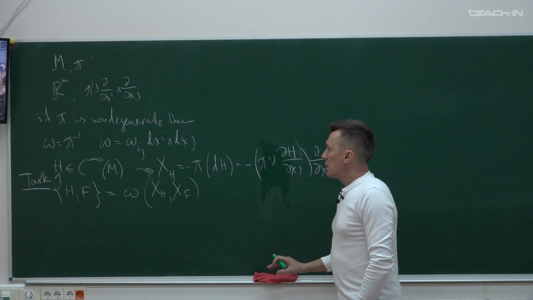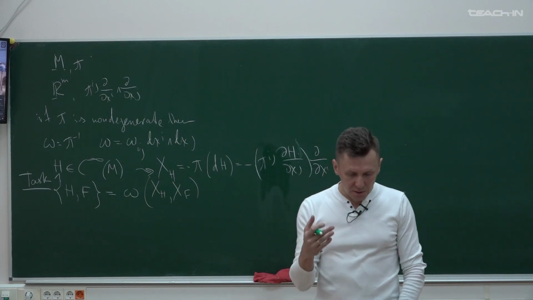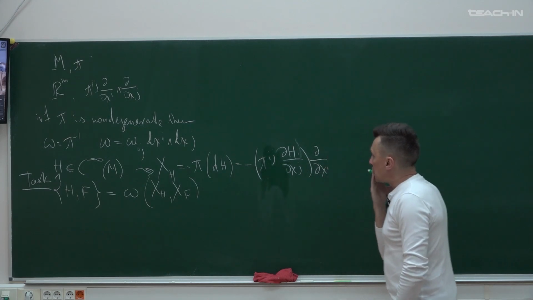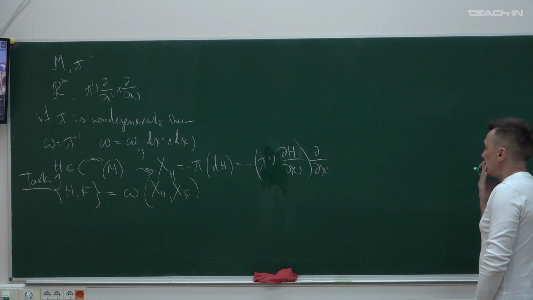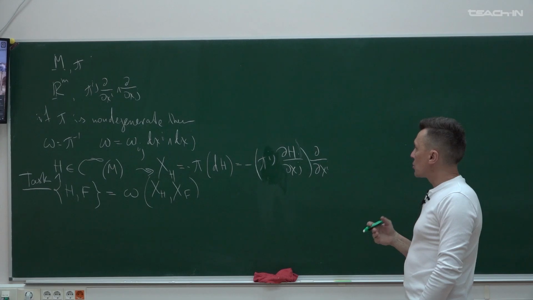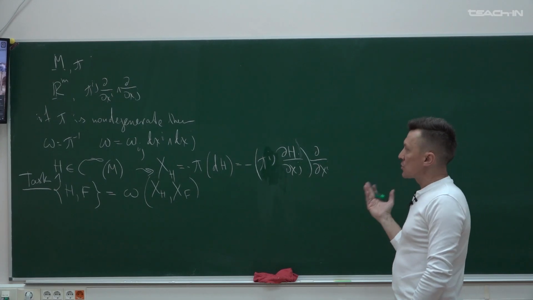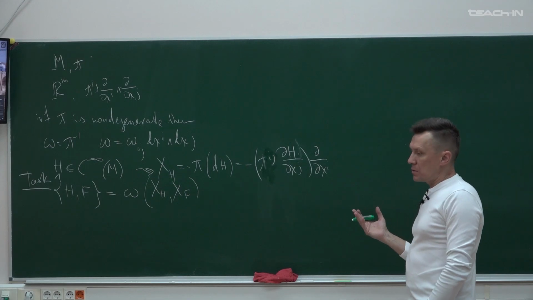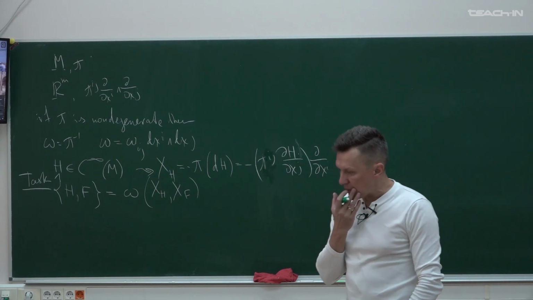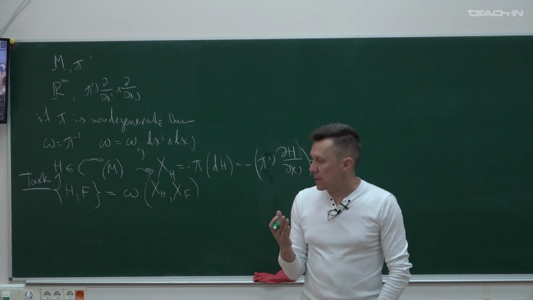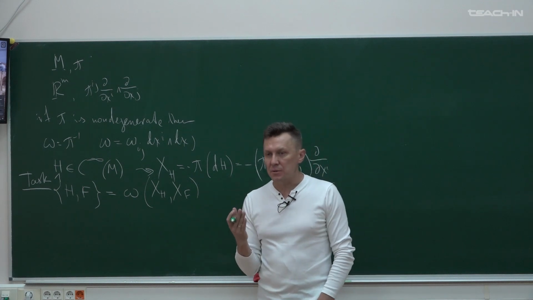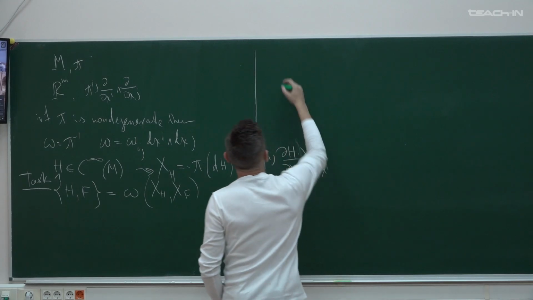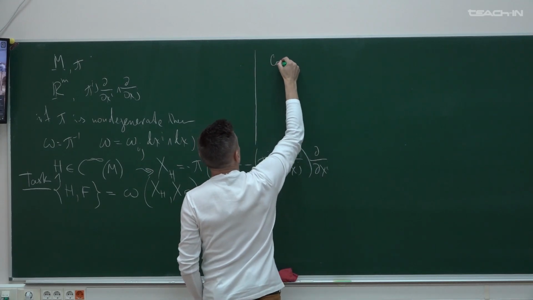Okay. And the next idea is the following one. When the Poisson bivector is degenerate, it is principally the same thing as to have Casimir functions. Comment.